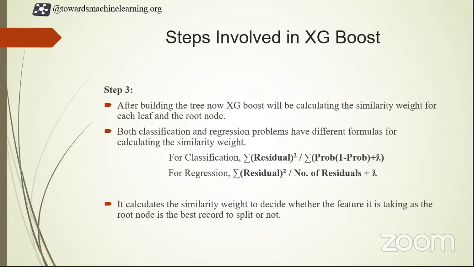So it will be deciding whether the feature it is taking as the root node is the best record to split or not. That's why it's calculating the similarity weight, and that's why XGBoost is better than gradient boost.